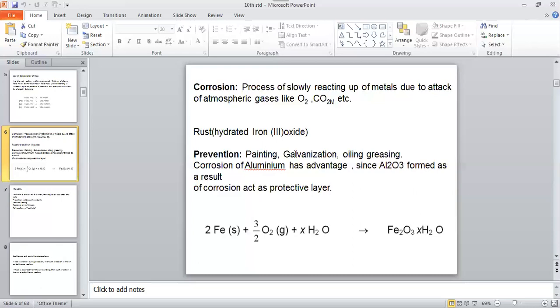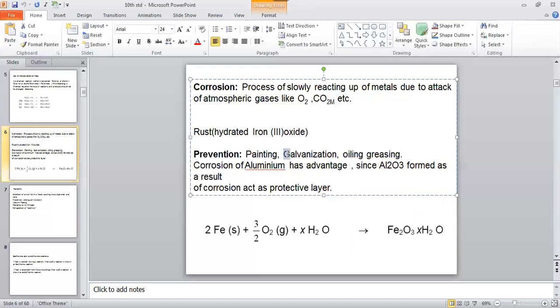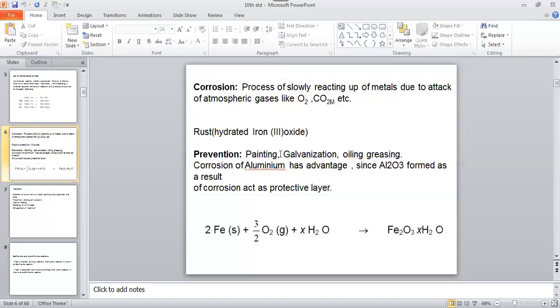The second way of prevention of corrosion is galvanization. What is galvanization? We know iron metal sheets, that is, iron sheets, are coated with zinc metal. This process is called galvanization.